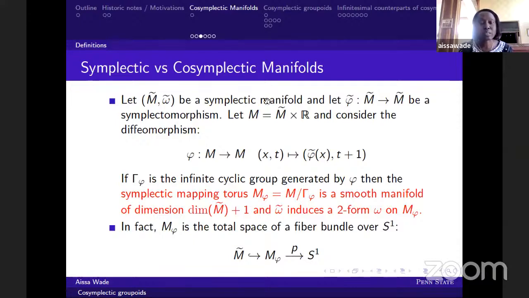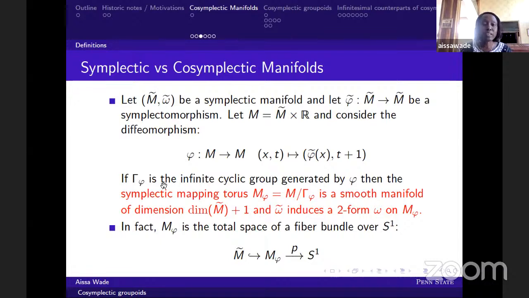If I start with a symplectic manifold and a symplectomorphism, which I call phi tilde, my M here is just the product of my symplectic manifold with R. Then I will call phi the map given in this form: phi of (x, t) is phi tilde of x, and in this component I take t plus 1.